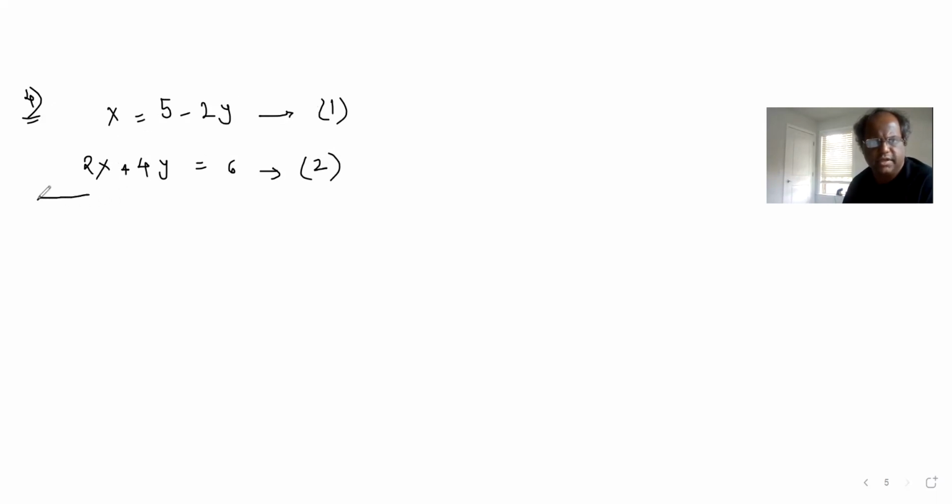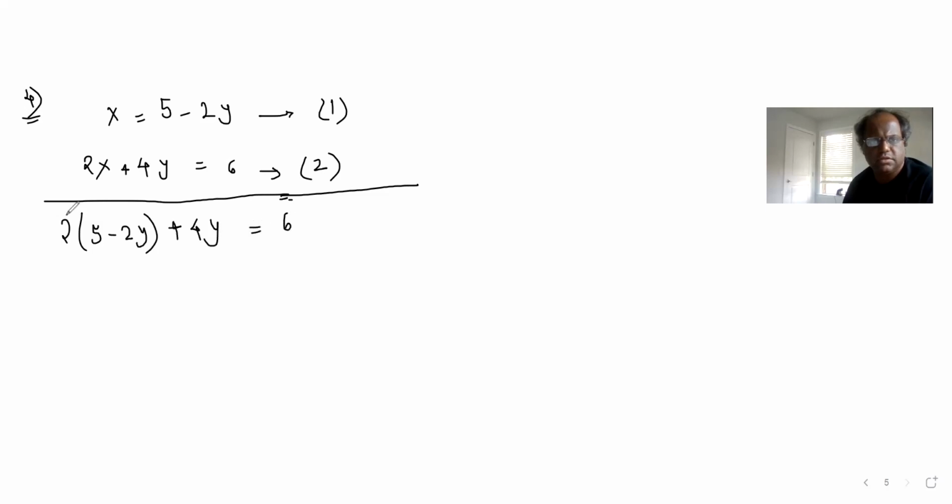I can substitute for x directly in equation number 2, and let's solve it. Let's see what the changes are. 5 minus 2y plus 4y is equal to 6. So distributive over here: 10 minus 4y plus 4y is equal to 6.